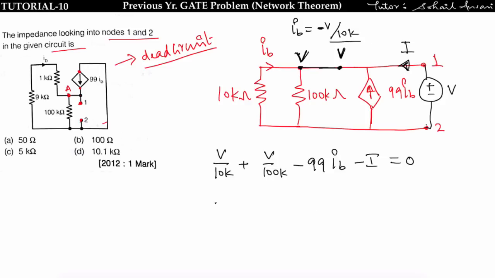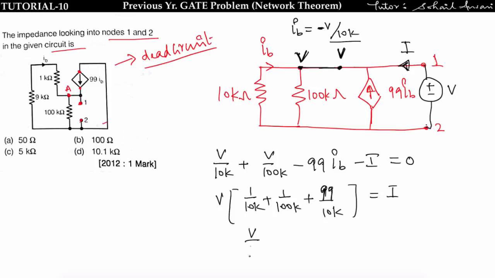Okay, so replace 1 upon 10k plus 1 upon 100k. Replace this IB by minus V upon 10k. You will get plus 1 upon 99 upon 10k is equal to I.